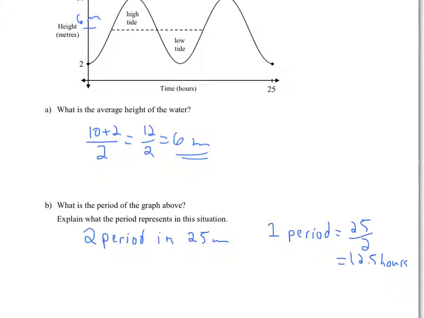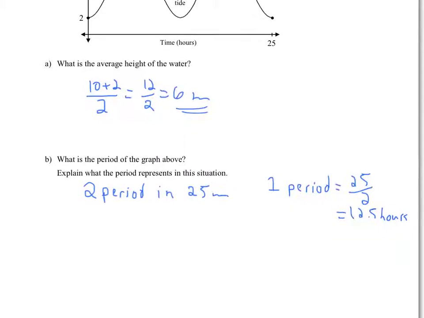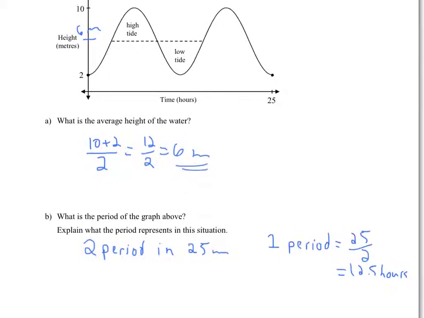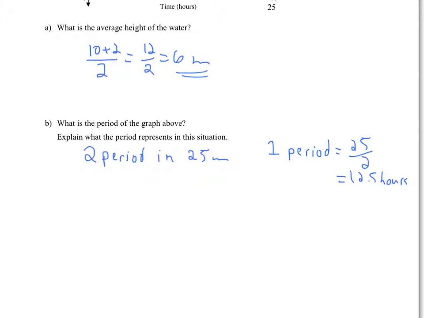Okay, so explain what the period represents in this situation. If we go back to our graph, if we just compare it to the start, it takes 12.5 hours to go from low tide to low tide. So that's what the period represents, and I think that would be one appropriate answer.